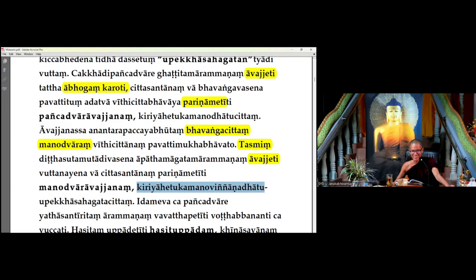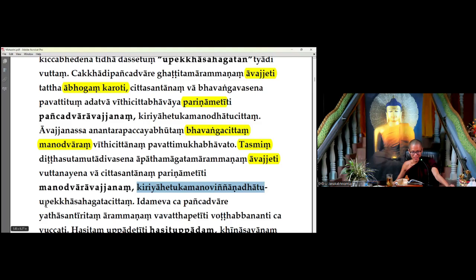My mother had just one letter for a name. In the past, many people had one letter, and they can write it very big, so they can have a big name. So this name is very long: Kiriya Ahetuka Manovinyanadhatu Ubekkhasahagata Chitta.